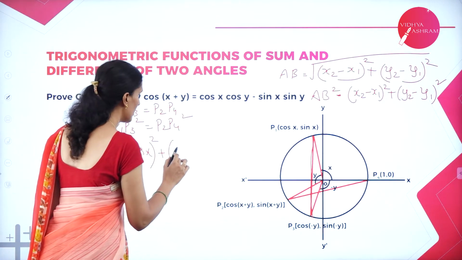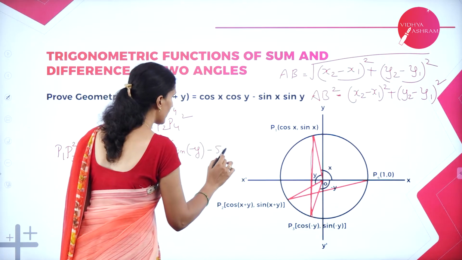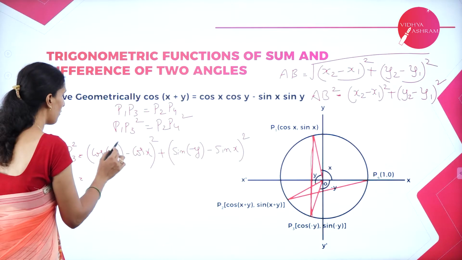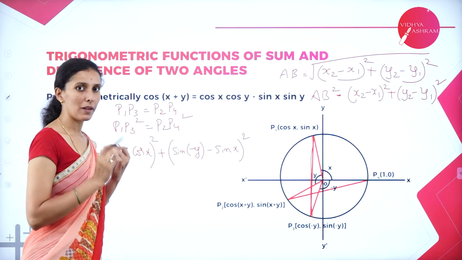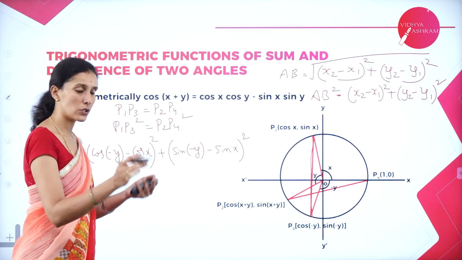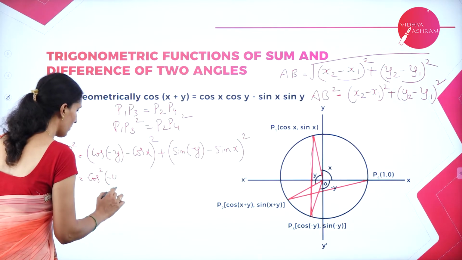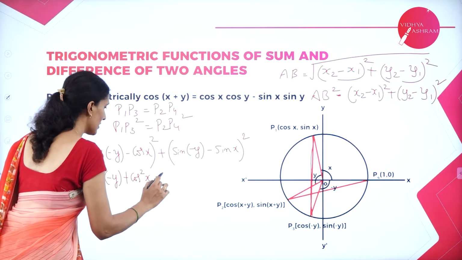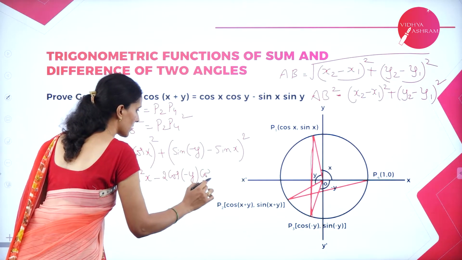Similarly here, (sine of minus y minus sin x) whole square. So now this is in the form of the (a minus b) whole square formula. What is the (a minus b) whole square formula? a square plus b square minus 2ab. So this is cos square of minus y plus cos square of x minus 2 cos of minus y cos x.